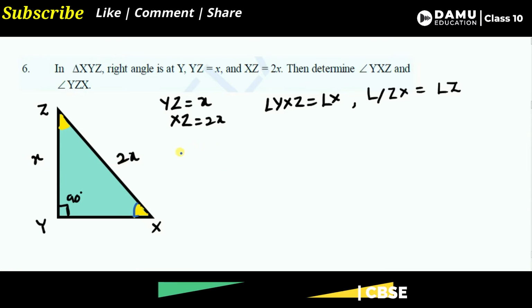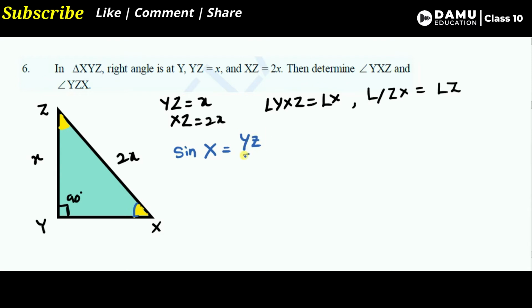So apply sine X. Sine X is equal to opposite side by hypotenuse, that is YZ by hypotenuse ZX. YZ is X centimeters, ZX is 2X. Let's cancel both the values. If you cancel X, what we will get is 1 by 2. So sine X will be equal to 1 by 2.